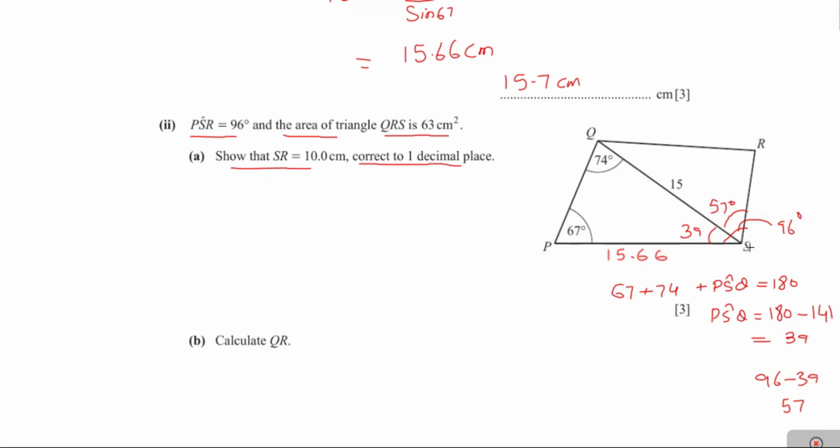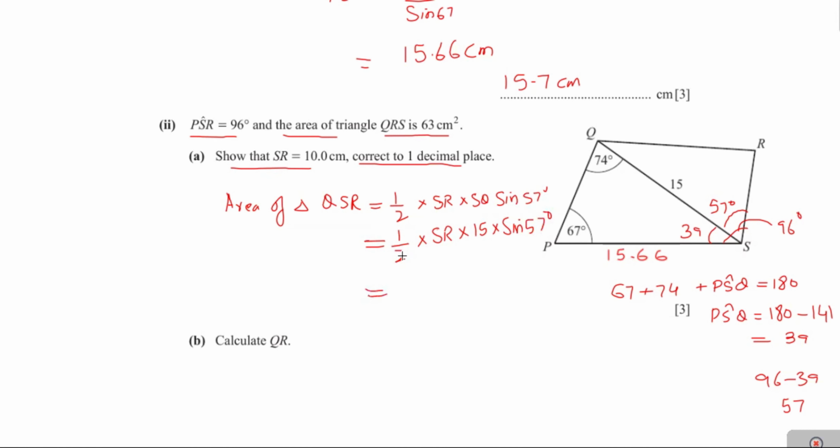Now, the area of the triangle QSR is equal to 1 over 2 times the length SR times SQ times sine of the angle between them, sine 57 degrees. So the area of triangle QSR is equal to 1 over 2 times SR times 15 times sine 57 degrees. This equals 15 divided by 2, which is 7.5, multiplied by sine 57 degrees, and SR is written as it is.